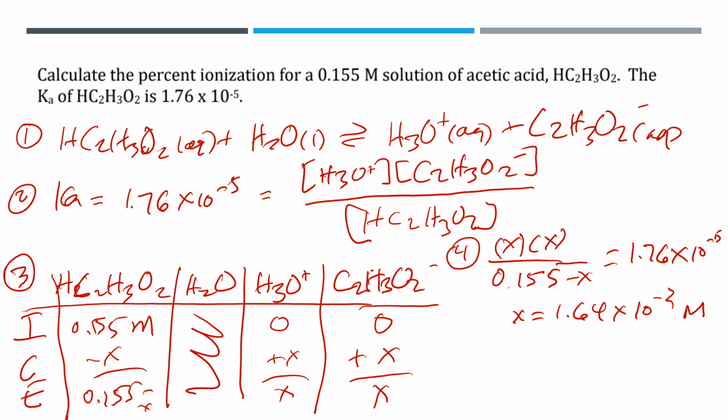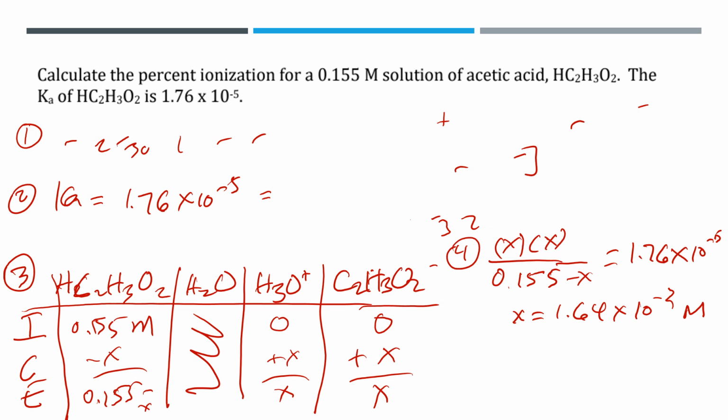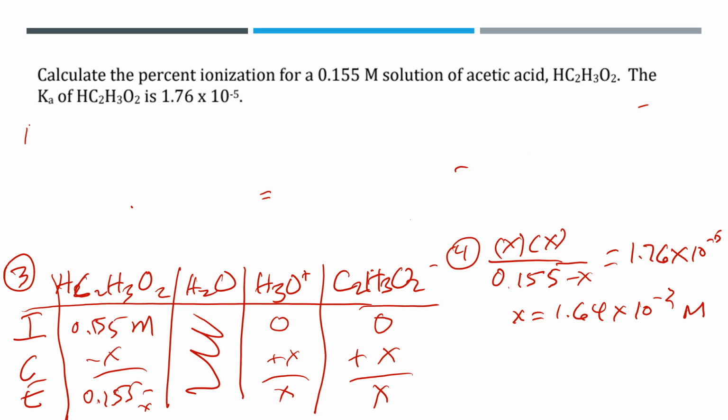So to find the percent ionization, where am I going to put this? Do I have enough space? That is my question. So I'm going to erase the top two steps and then we'll go from there. Okay, so step 5, percent ionization.